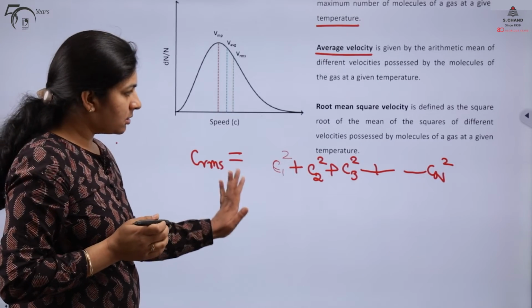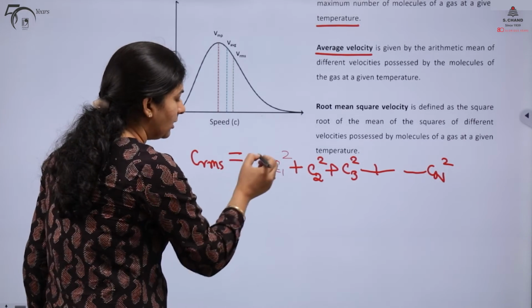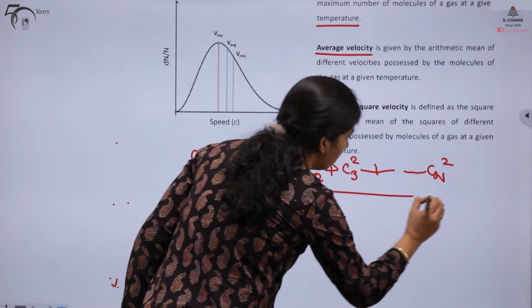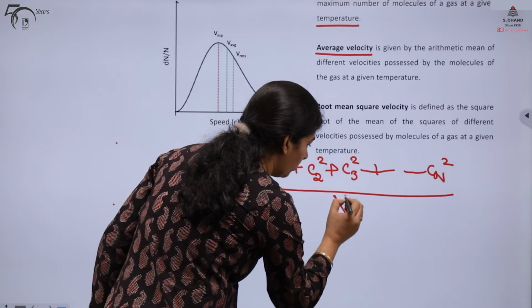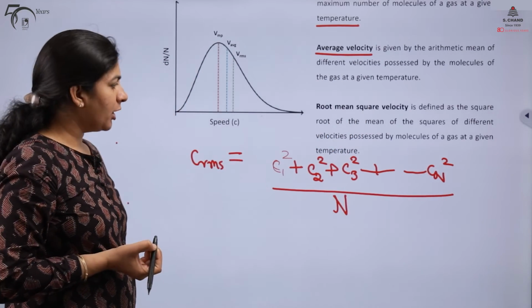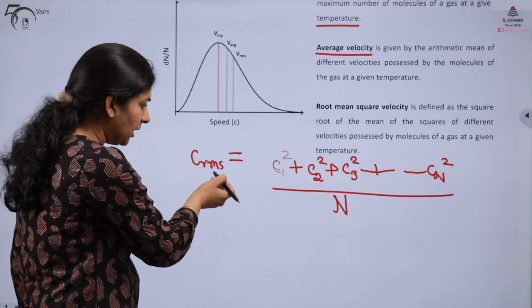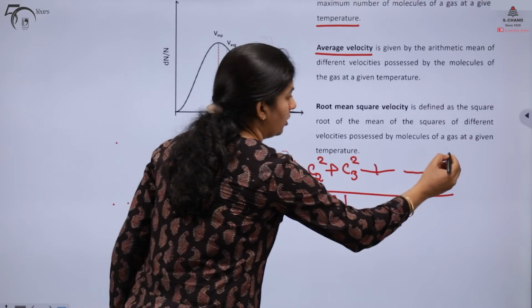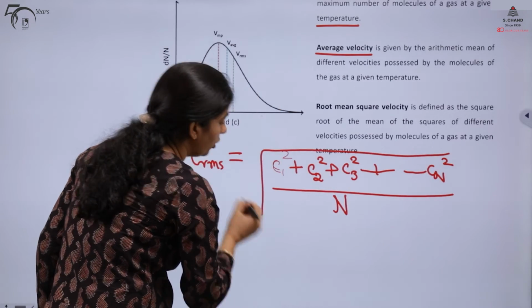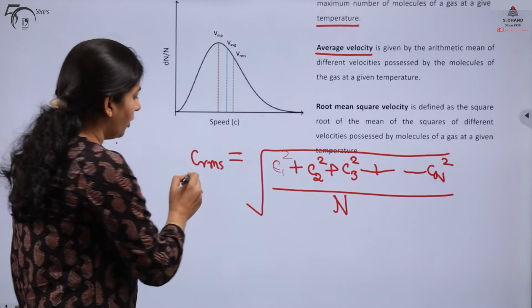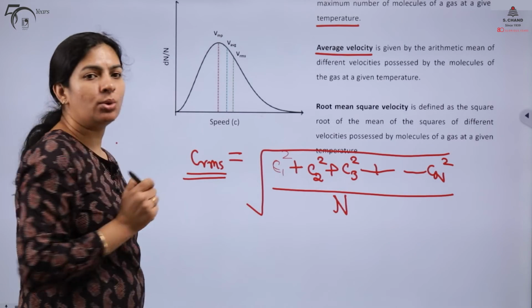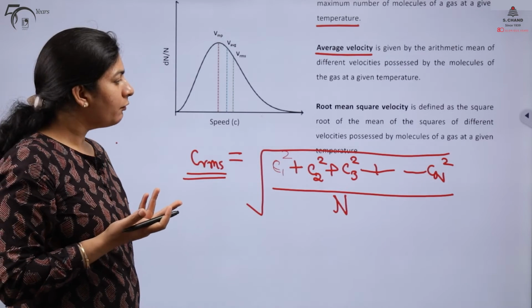Now we take their mean, by dividing by the total number of molecules, and then we take the root. Taking the root of this, the velocity becomes your root mean square velocity.